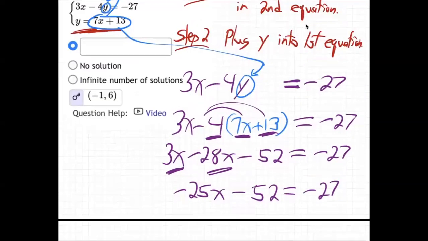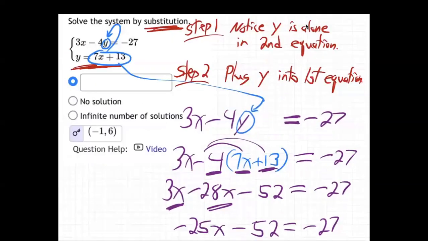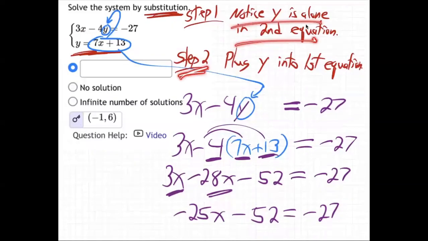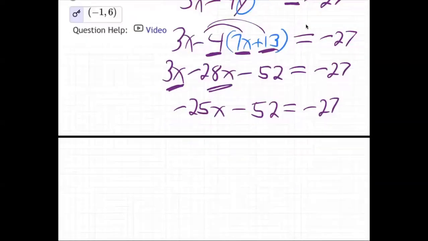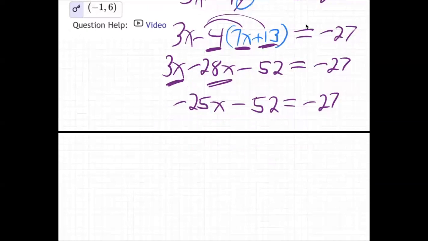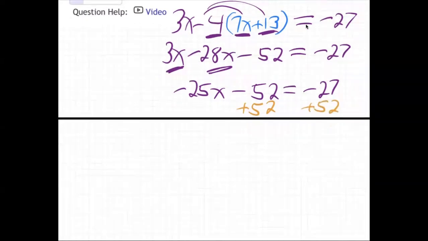Okay, so step one was just to notice that y was already alone in the second equation. Step two is plug y into that first equation. And now we can solve for x, right? Try to get x alone here. Just add 52 to both sides. And what do we get? These cancel out. This is minus 25x equals, what is that?